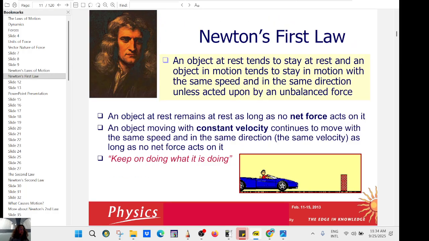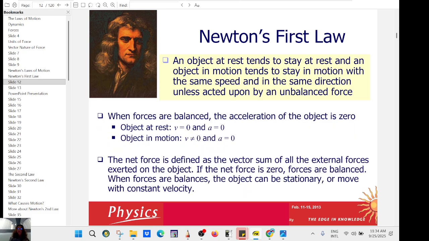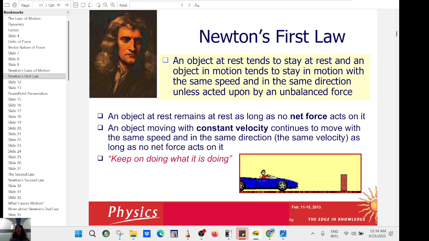First law is not intuitive, and it was explained by Galileo. It says if something is moving, you don't need a force to keep it moving. It wants to keep moving at the same speed in the same direction forever, ever after, right?